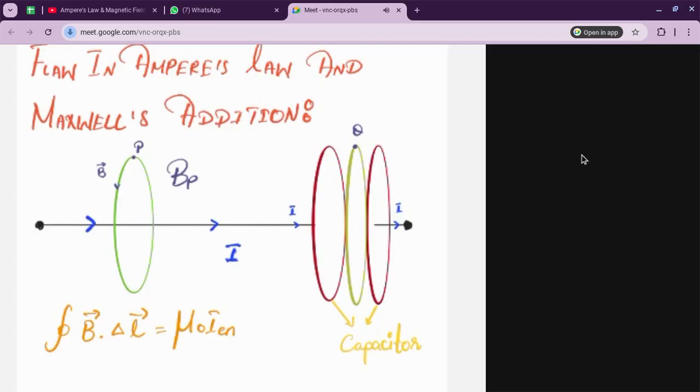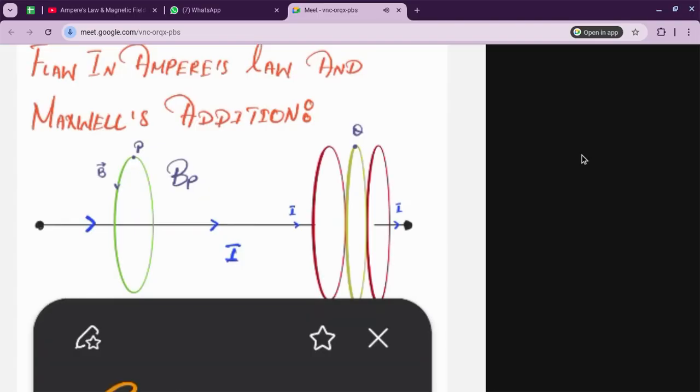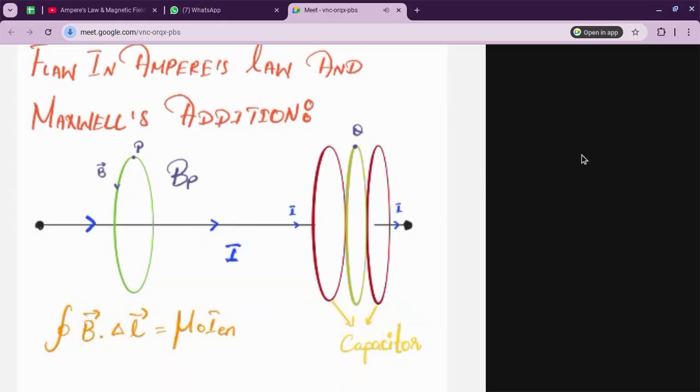If we talk about the value of current between the plates, the current between the plates is zero. Let me rephrase my words.